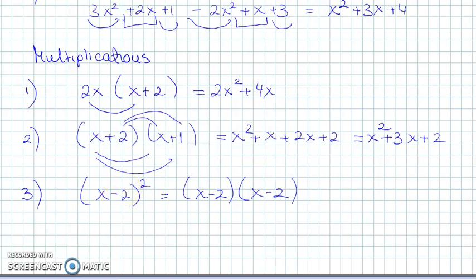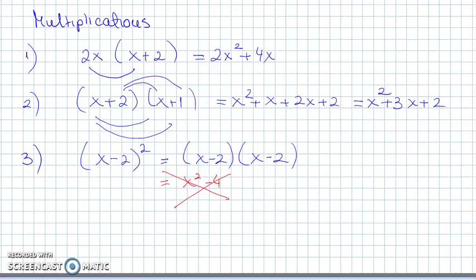So always remember here, if you have a square on brackets, a common mistake is that students will square each factor. This is a big mistake. You have to remember that you are multiplying binomial by itself. So if you're not sure, better rewrite it like this.